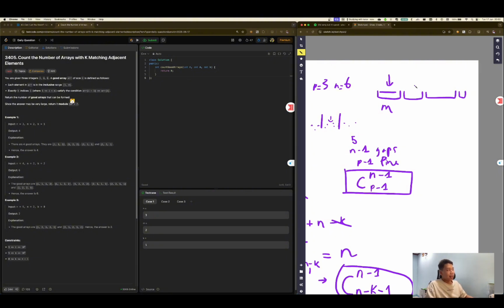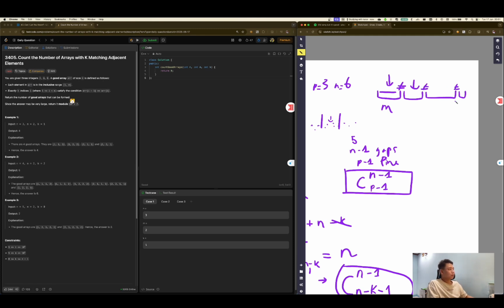Okay, and for the next one, this value must be different from the previous, adjacent to adjacent, because if it had the same value as the previous subarray, it would be merged together, like this. That's why obviously this must be a different value from each other.